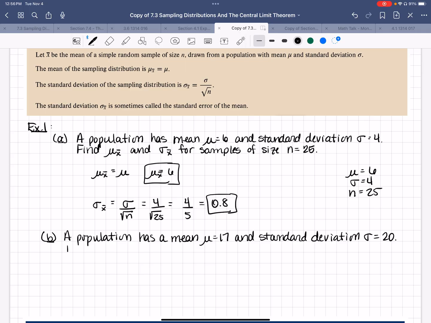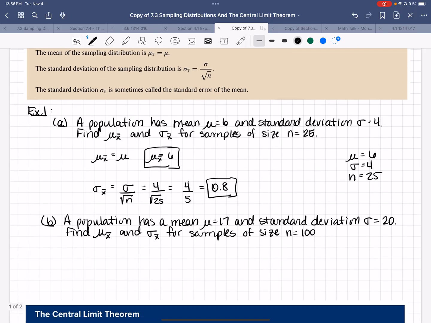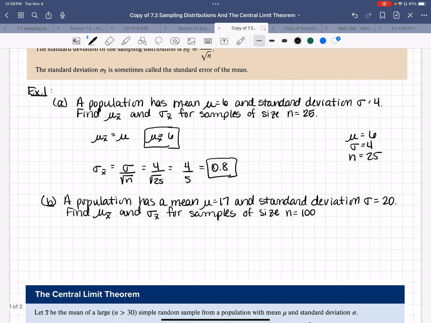We want to find the mean of the random sample, or mu of x bar, and the standard deviation, sigma x bar, for samples of size n equals 100. Okay, so I have n equals 100.